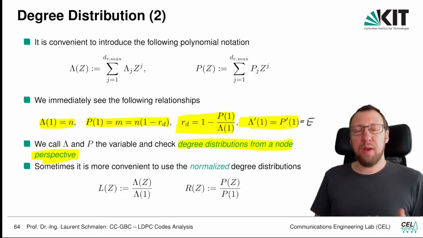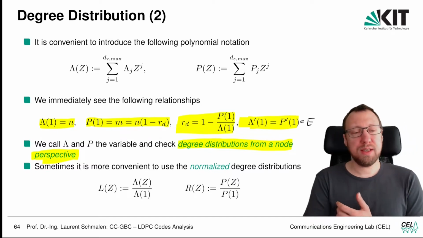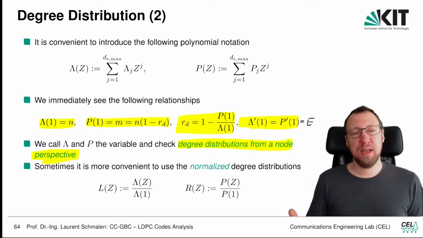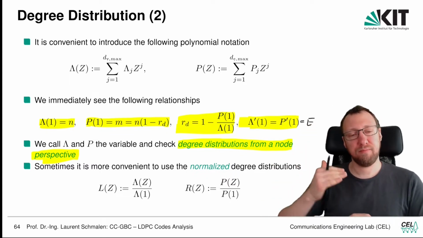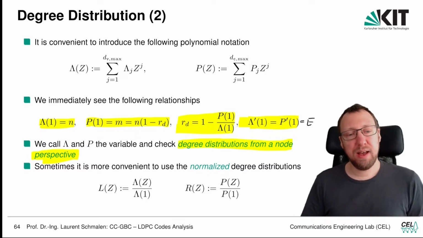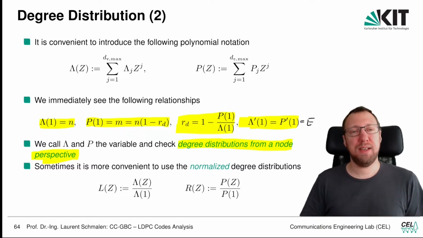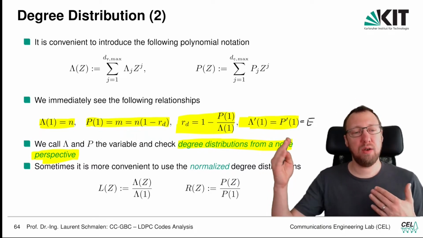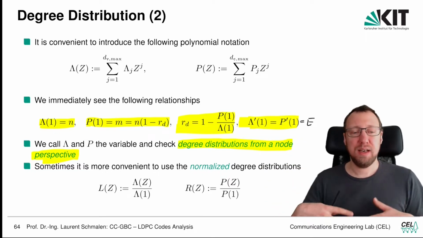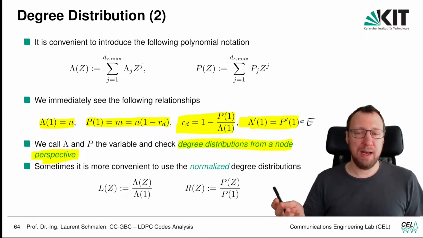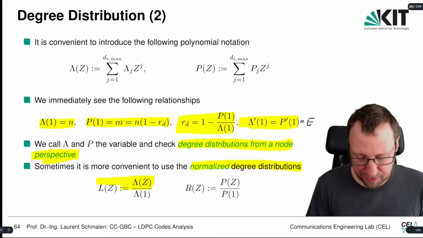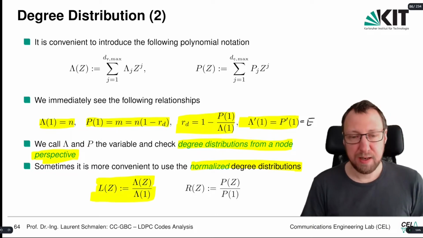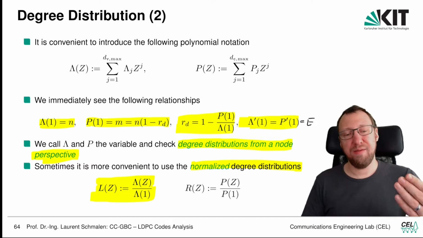Now, very often, we are interested in the performance of an LDPC code, but we don't care about the length n of the code. Then it is more convenient to use normalized degree distributions. If you want to compare codes of different sizes, then we need normalized degree distributions. So we have L of Z, that's lambda of Z divided by n.